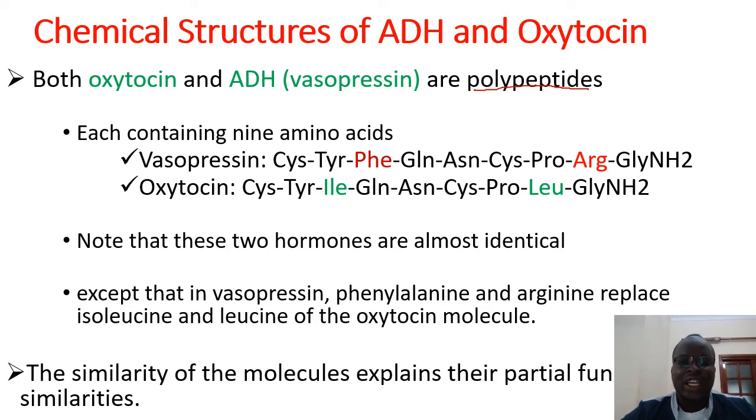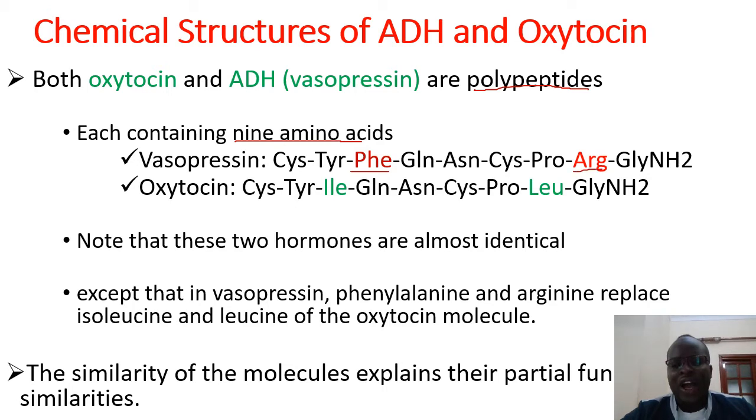Each contains 9 amino acids. So in their structure, they have 9 amino acids, vasopressin and oxytocin. When you count these amino acids, you know to say that there are 9 amino acids. But those of interest are the phenylalanine amino acids and arginine.